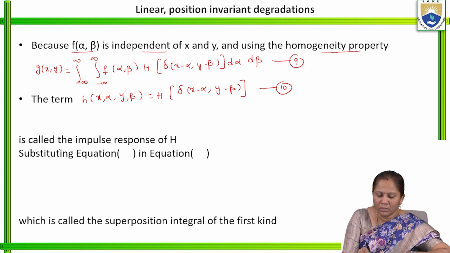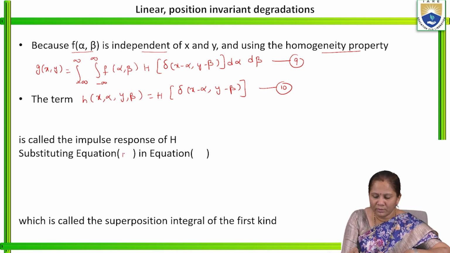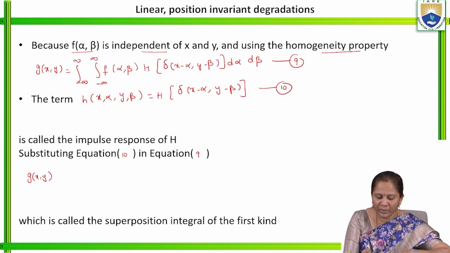substitute equation 10 in equation 9. How will the equation g of x comma y be modified? Simply, we have to consider this term and substitute it in equation 9.